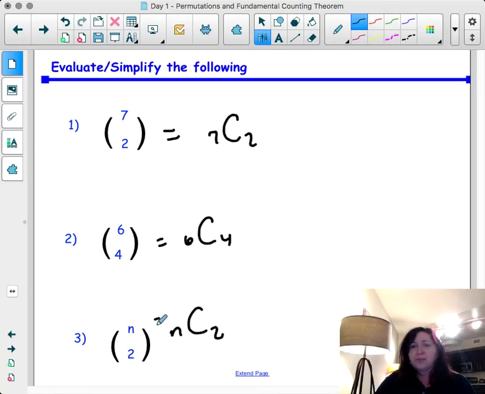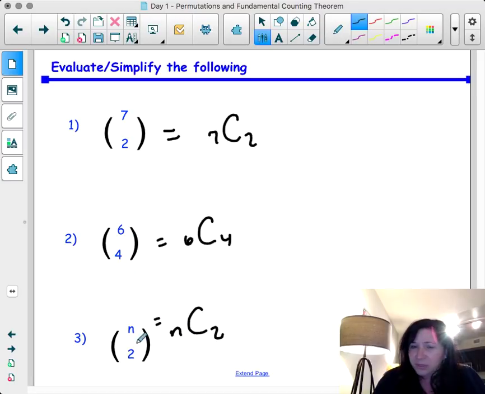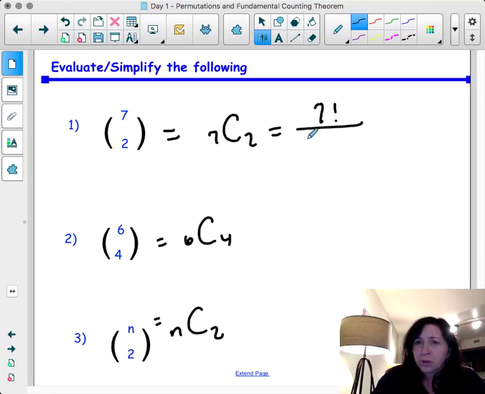I do want to stress that you still have to work these out, and especially this one. This is kind of tricky. But permutations are not written like this. Only combinations are written like this, so you don't have to worry about getting those confused. So you have 7 factorial over 7 minus 2, which is 5 factorial, times 2 factorial.